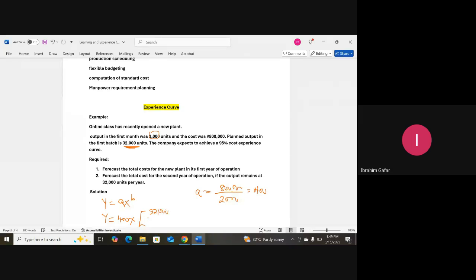All over 2,000, the number of units in the first batch. Then, what's the learning experience? 95%. 95% is 0.95. All over log 2. So what is our CAT?